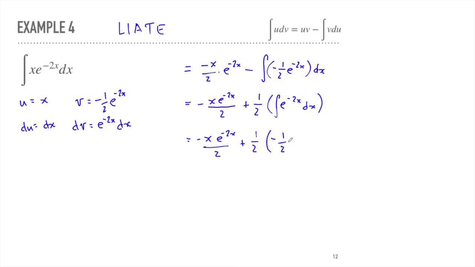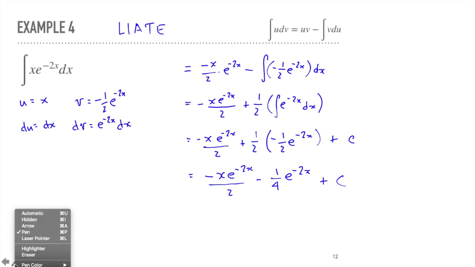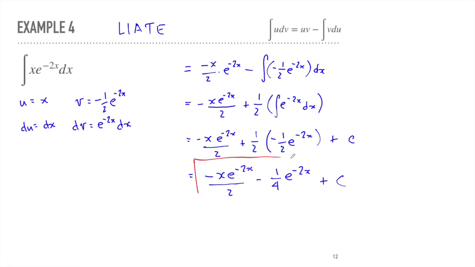Negative 1/2 e to the negative 2x plus a constant. Simplifying everything, and we have the antiderivative of this expression. Box, final answer.